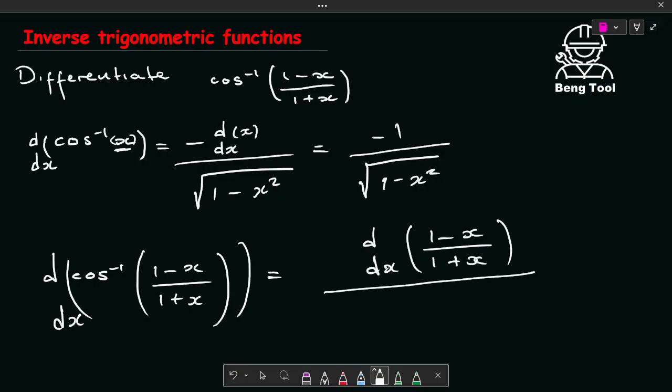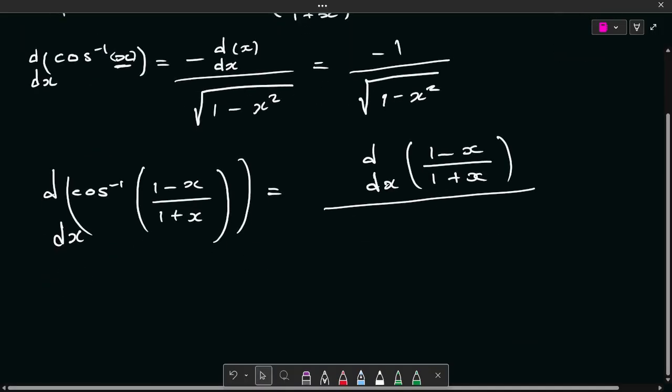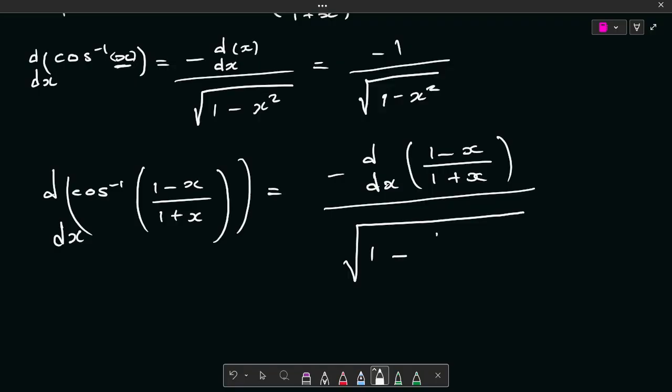Then we are dividing this by, there is a negative in front, the square root of 1 minus 1 minus x over 1 plus x, squared.